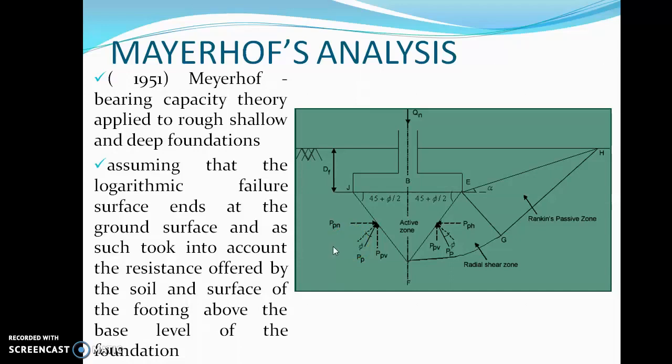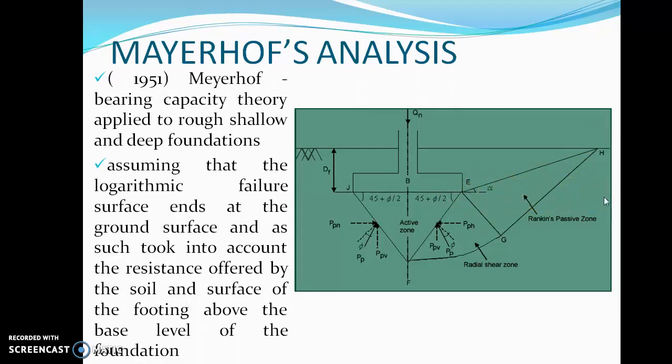Now, assuming that the logarithmic failure surface ends at the ground surface. If you can see, the curved surfaces are reaching near the ground level. This was not happening in the case of the Terzaghi analysis. In the Terzaghi analysis, the surface would end at the base of the foundation.